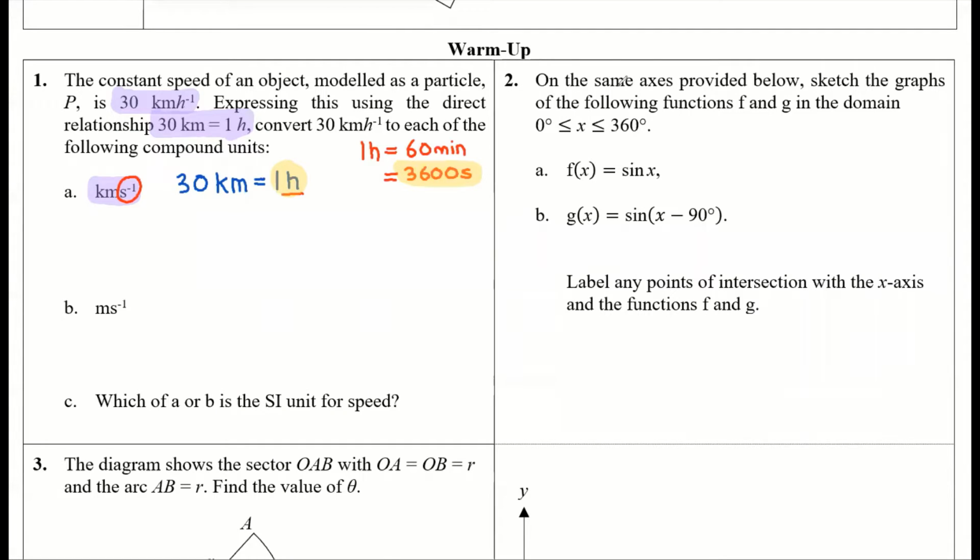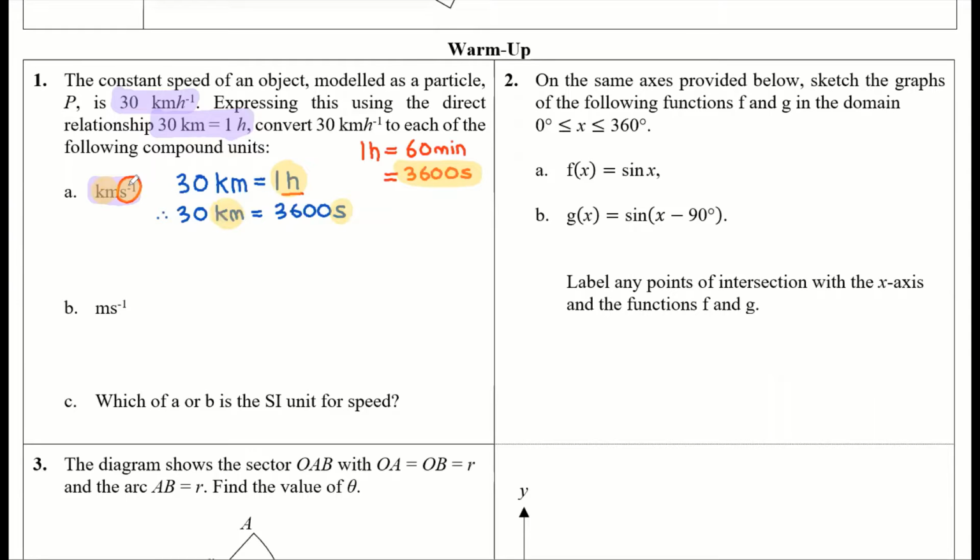Let's write it out. So therefore, 30 kilometers is equal to 3,600 seconds. Now notice here, we've got the units we need. So we've got kilometers, which it states here, and we've got the seconds, which it also states here. Now I have to express this as a compound unit, a speed.